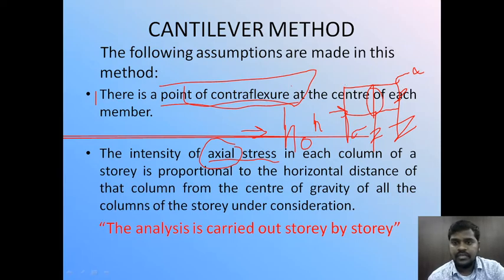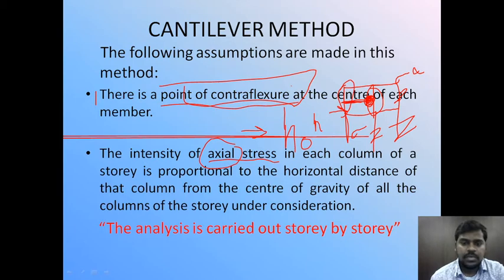Okay, so if we consider this story, the axial stress is directly proportional to the horizontal distance, that means this distance. Suppose we have the center of gravity at this place. For the whole story of the building, we have the center of gravity at this place, not at the center. So it is proportional to the distance from the center of gravity of all the columns under consideration. Regarding this, it will be explained clearly in the coming part of this video.